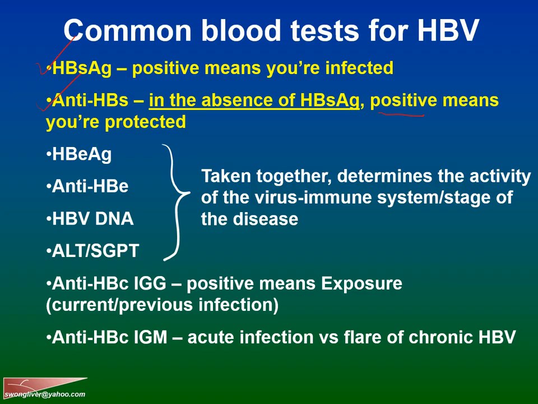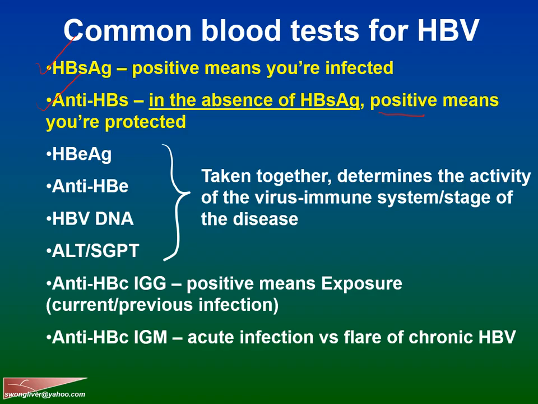And you can read more in your book as to what the serotype means. Okay, so basically, two things that you have to remember: S antigen positivity, you're infected. Anti-HBs positivity, you are protected, except if you also have a positive HBs antigen.